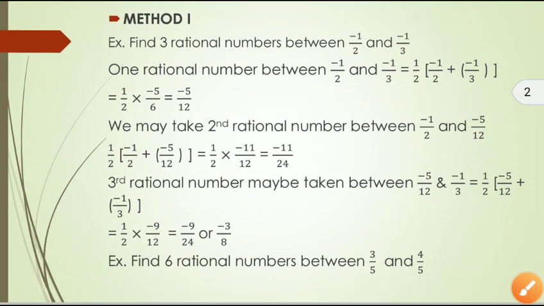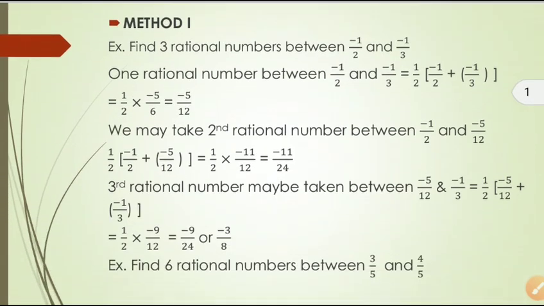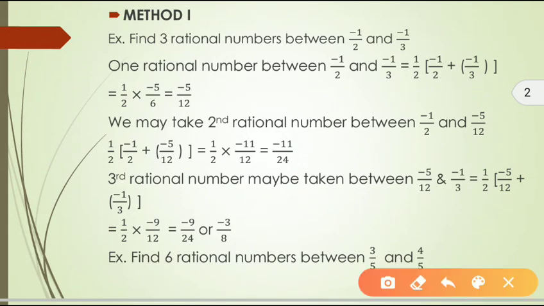Method first is the mid value method. We are going to discuss mid value method. So suppose one example is find three rational numbers between minus 1 by 2 and minus 1 by 3. How will you find out the three rational numbers between these two rational numbers?